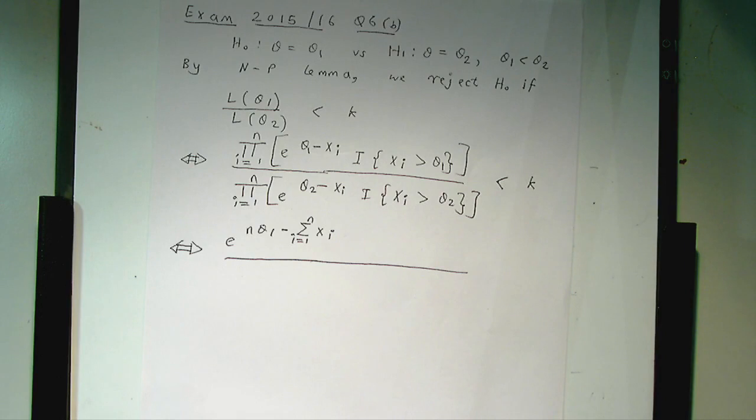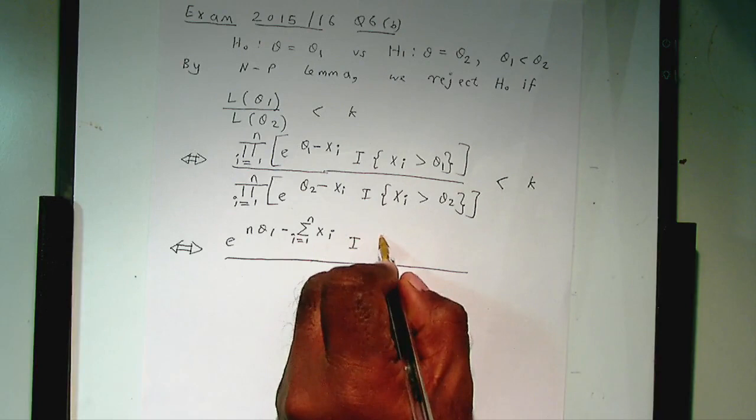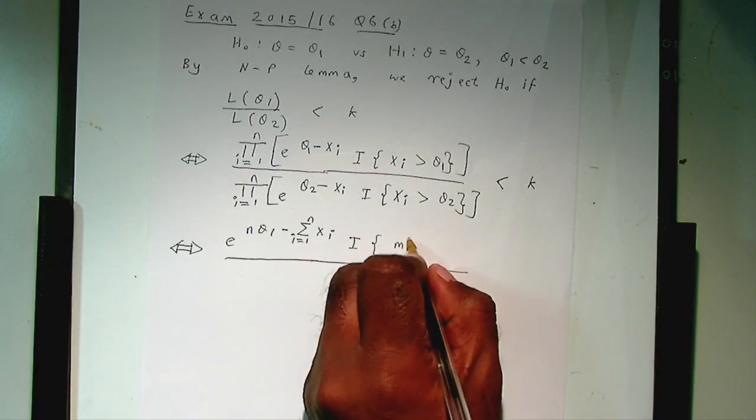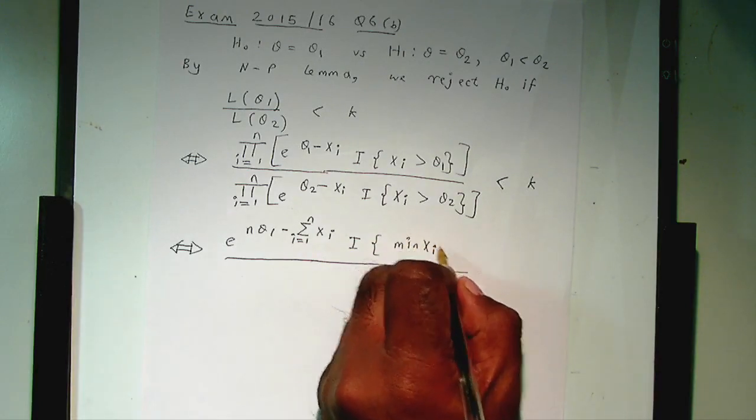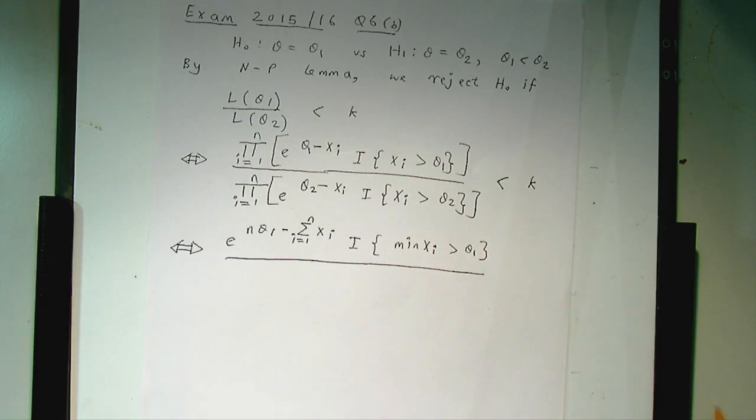You remember the formula sheet for the exam, which is on my website for the course. So what's the product of these? It's the indicator that the min of xi is greater than theta 1. I'm sure you looked at the formula sheet.